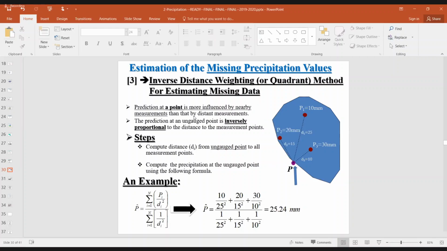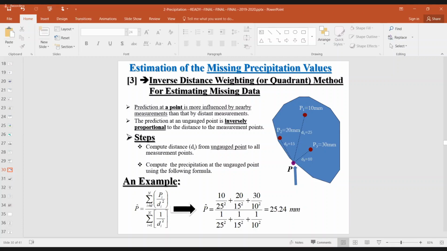The further the station is, the less effect it has on the data set of the station where we have a missing record. For example, in this case, P is closer to stations P3 and P2 and away from P1. So the further the distance, the less effect they have through this equation we discussed last time.